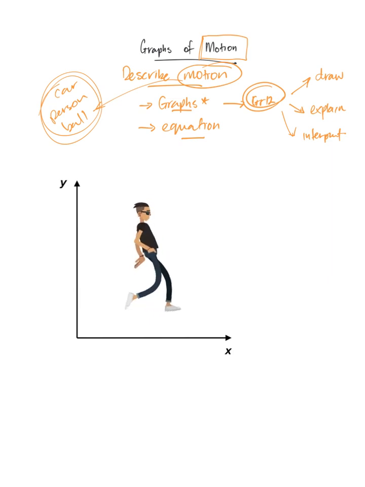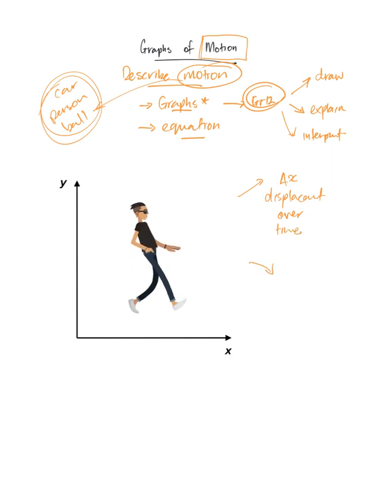As we can see, we have a man here and he's moving. And we want to take this man's motion and put it onto a set of axes, like a graph. So there are three types of things we're going to look at. We're going to look at delta x, which is your displacement over time.